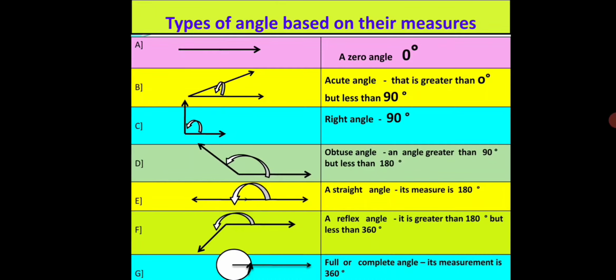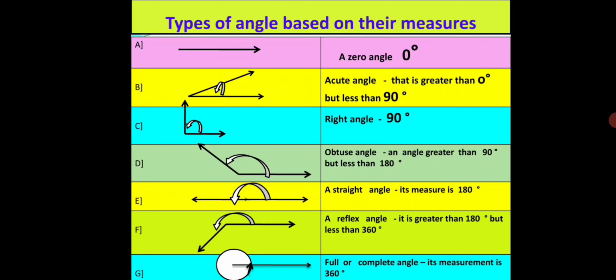Now let us move on to the next concept, that is types of angles based on their measures. You can see here there are many figures drawn. By seeing those figures we will know the measures of the given angles.